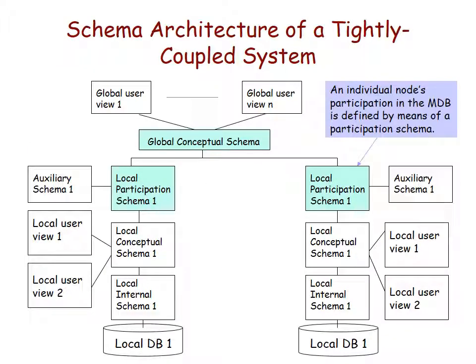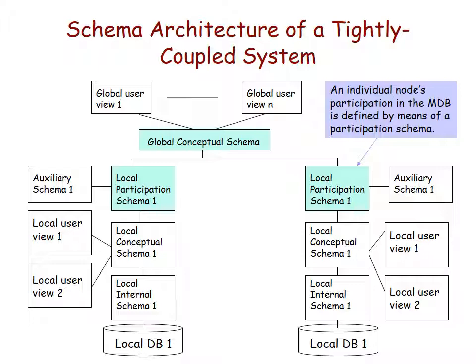This diagram shows the architecture of a tightly coupled multi-database system. At the bottom, the global conceptual schema and the local internal schema are the same as in the homogeneous system.